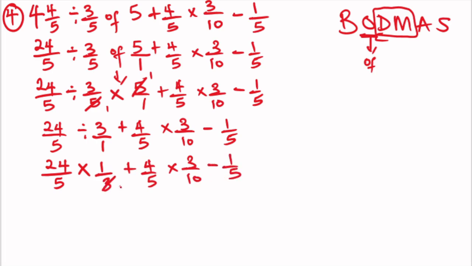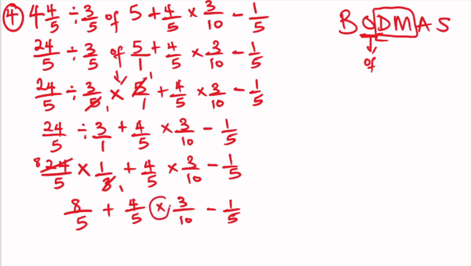So 3 here, 1. 3 in 24 gives us 8. So 8 times 1 will have 8 over 5. So plus 4 over 5 times 3 over 10 minus 1 over 5. So after doing the division, the next sign we're going to work with is the multiplication. So let's simplify the part of multiplication.